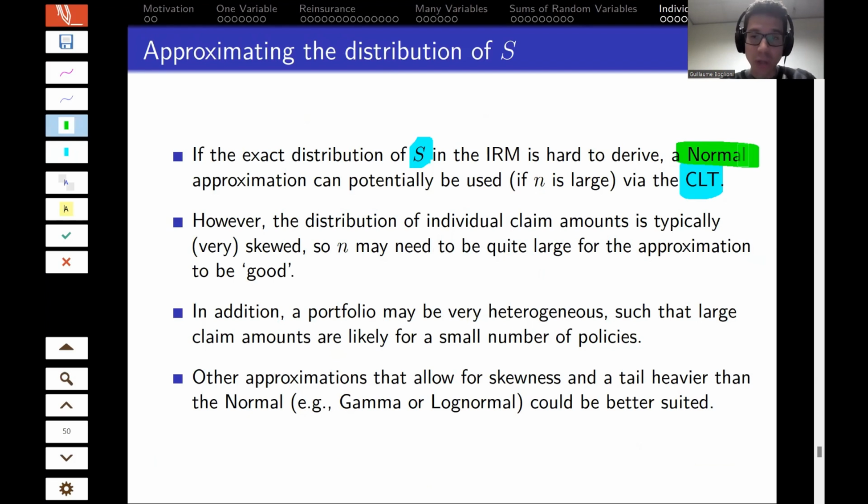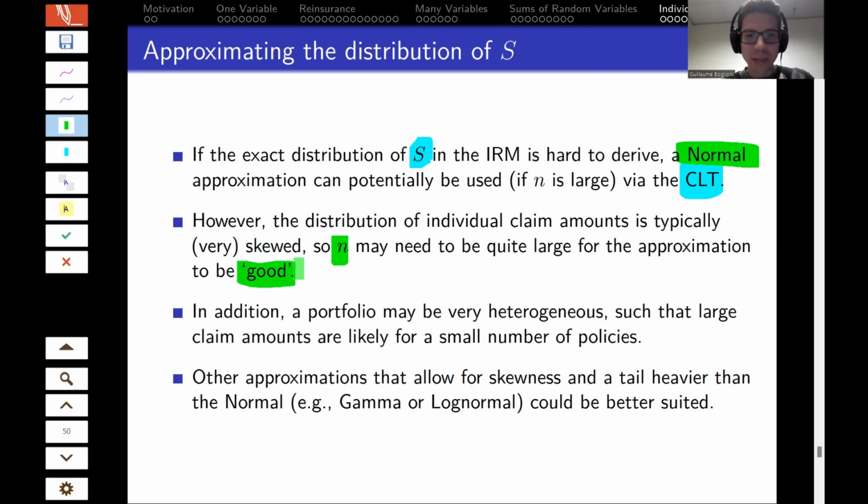In this case, they're not. There are versions of the central limit theorem that work when variables are independent but not identically distributed, but it's a bit trickier. So you might try a normal approximation, but maybe n needs to be pretty large for the approximation to be reasonably good.